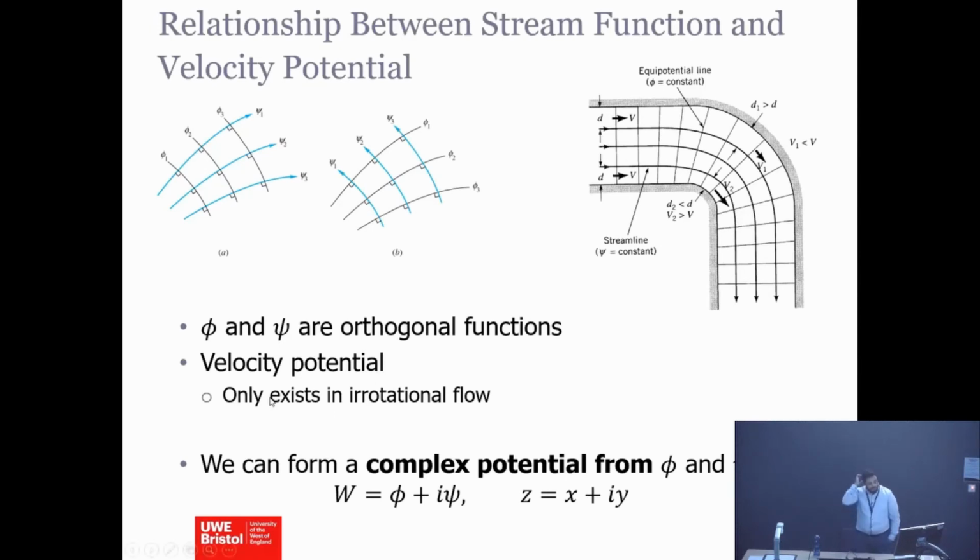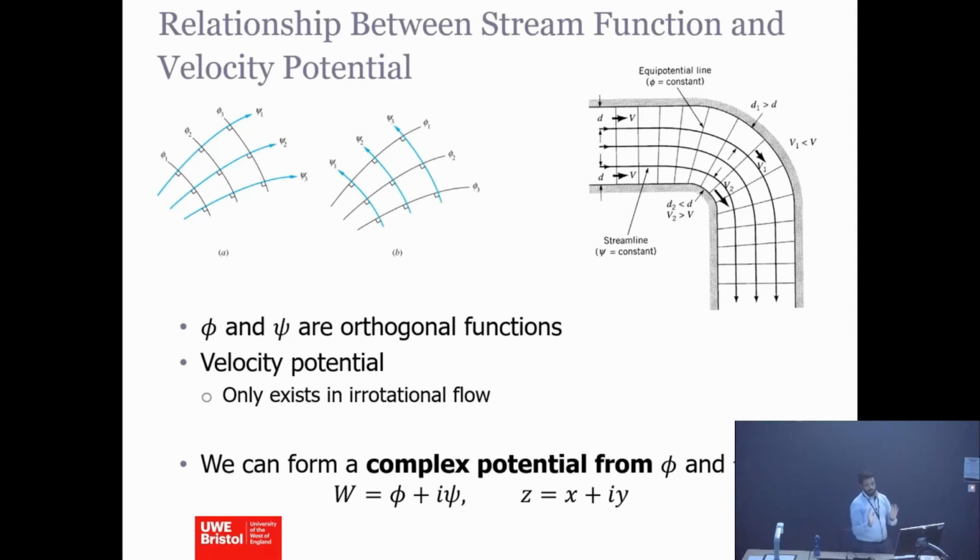The other thing to remember, if you're still not confused, is that the velocity potential only exists in irrotational flow. But for the stream function, as long as you have a streamline, there will be a stream function. It doesn't matter whether the flow is irrotational or not, whereas the velocity potential only exists if the flow is irrotational.